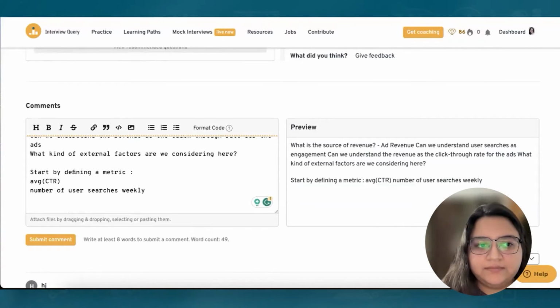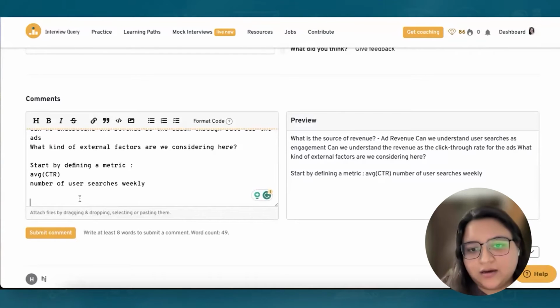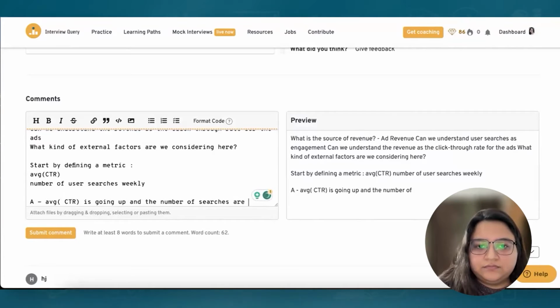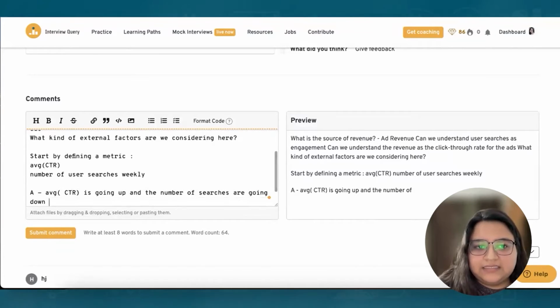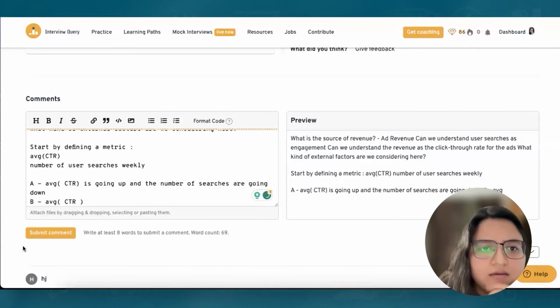I will divide our audience into two groups: A, where the average CTR is going up and the number of searches is going down, which is currently the case. And B, where they're both going up. Okay.